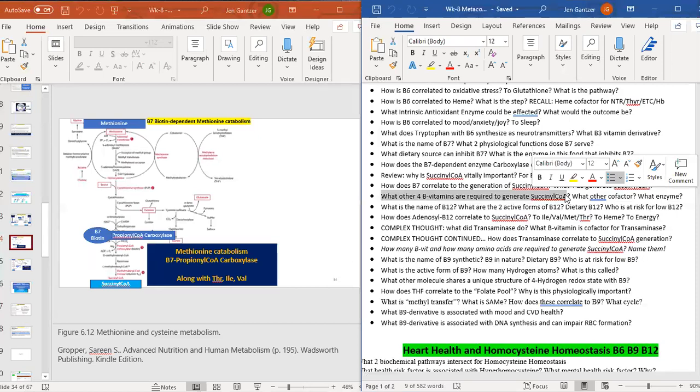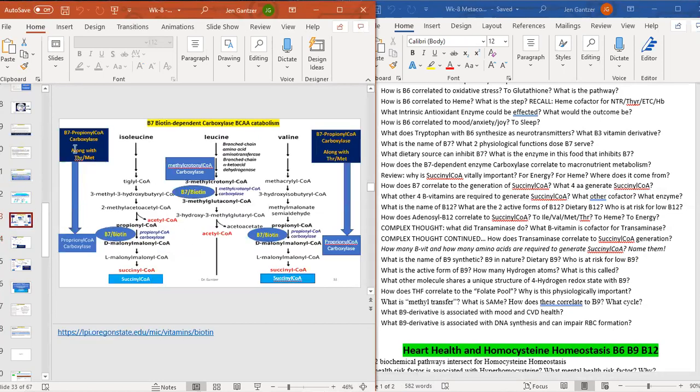So all 3 branched chain amino acids have to go through that step in order to get to the further down steps. So when you look at the catabolic breakdowns, up here is your branched chain keto acid dehydrogenase, B1, B2, B3, B5, and alpha lipoic acid.